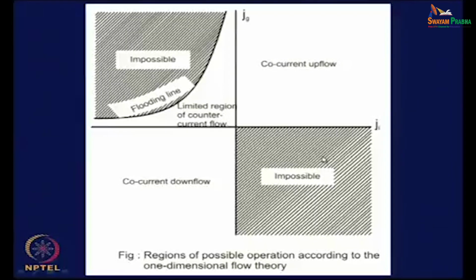So, in order to conclude this particular portion, what are the things that we have discussed? First thing I have discussed is the drift flux model, how to obtain the different mixture parameters with respect to the drift flux model.